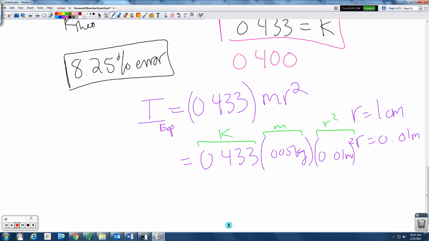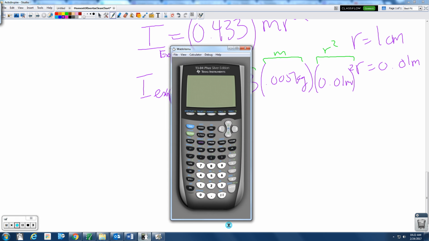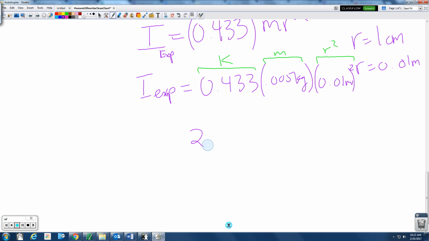So that would get me my I. That's what I want to be able to say what the moment of inertia is. So with my made up values, let's just see what that is. 0.433 times 0.005 times 0.01 squared, 2.17 times 10 to the negative 7.